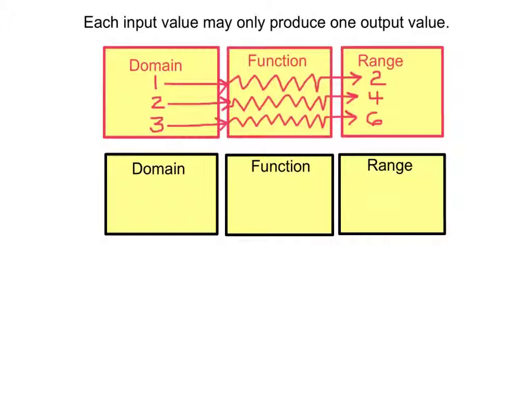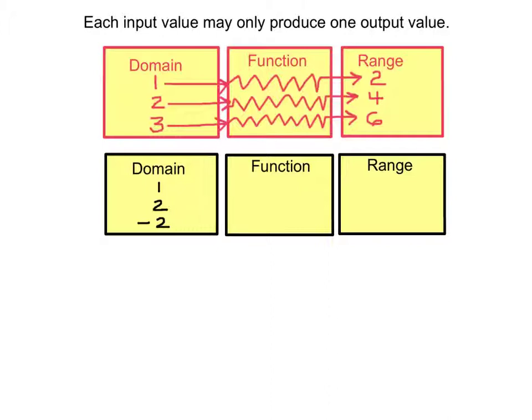Let's take a look at another valid function. Here we have the numbers 1, 2, and -2 in our domain. So our domain consists of 3 values.